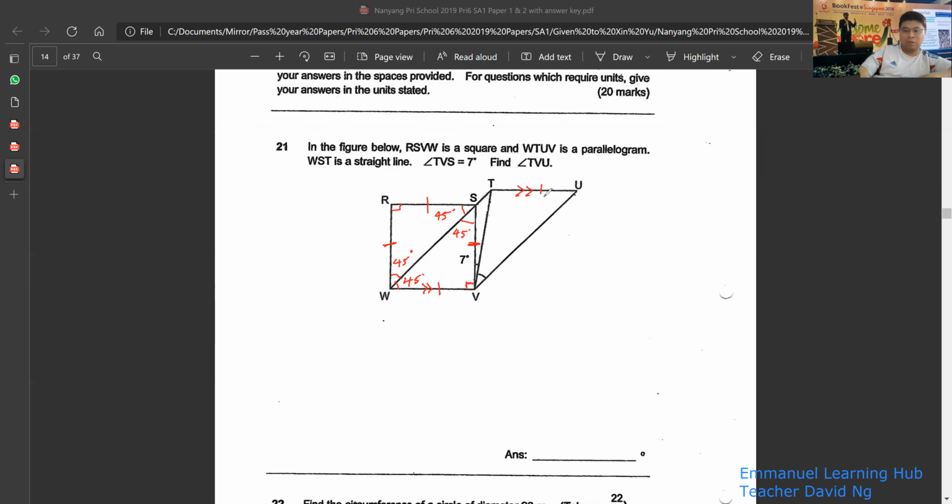Does that make sense? If the lengths are the same, that means the length of these is the length of all the sides of the square already. Makes sense, right?